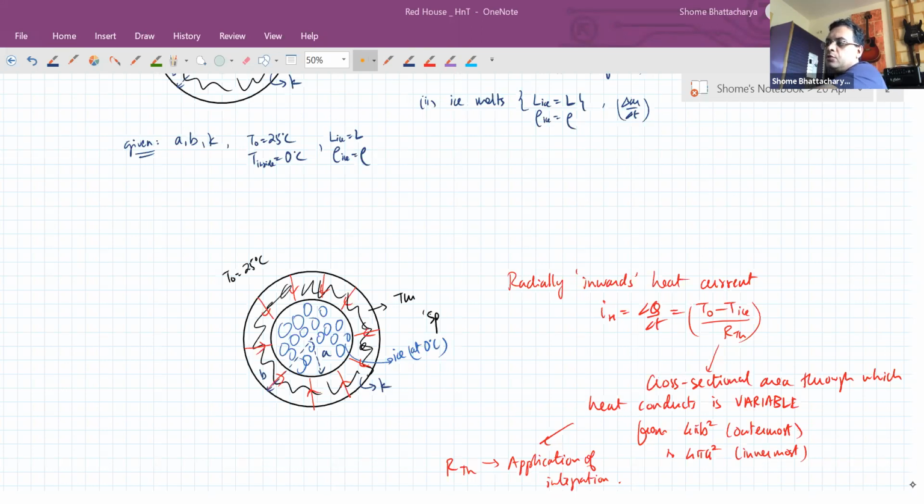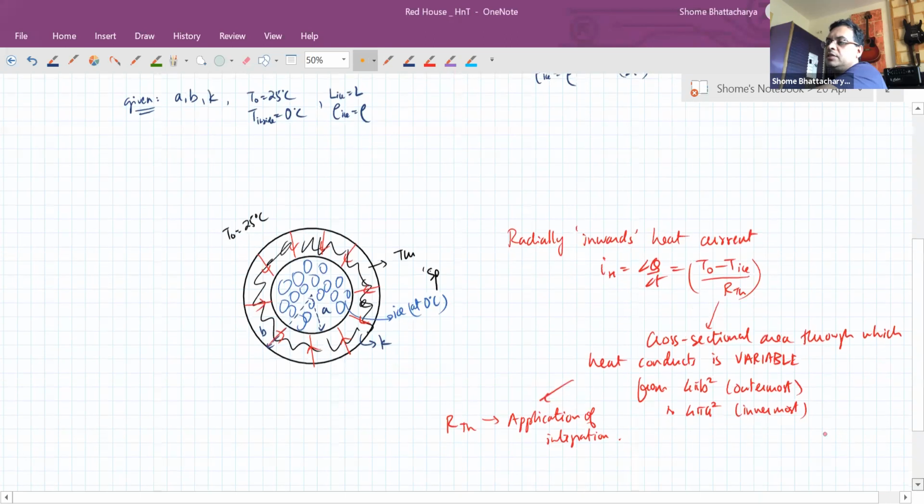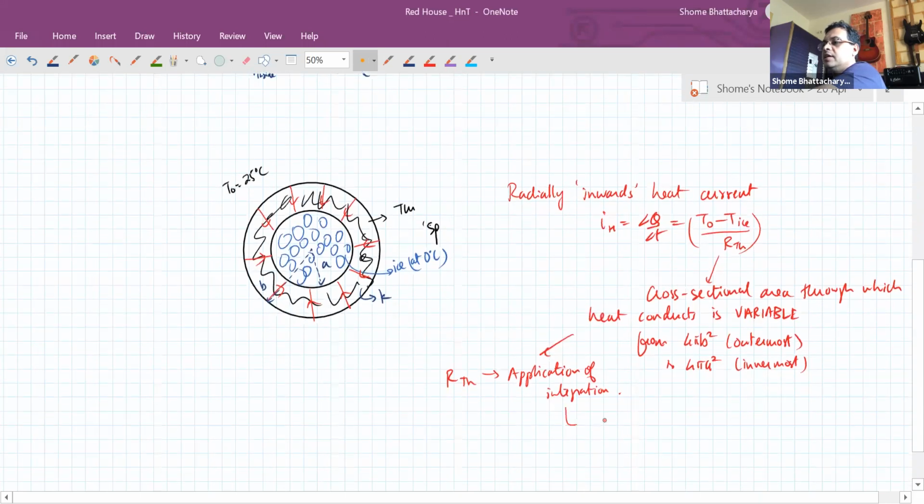Okay, so that's what we have to do here. So to calculate the thermal resistance, you have to take a differential element. There should be a thin spherical shell.